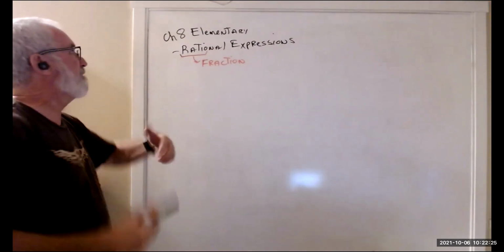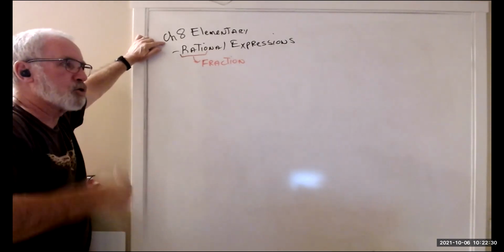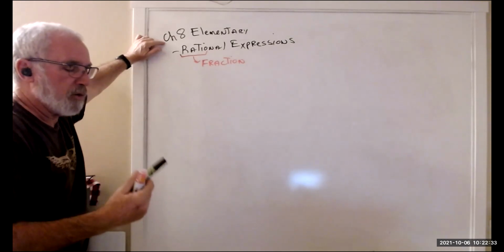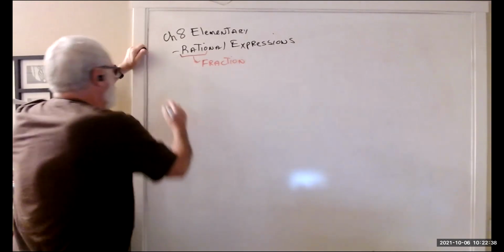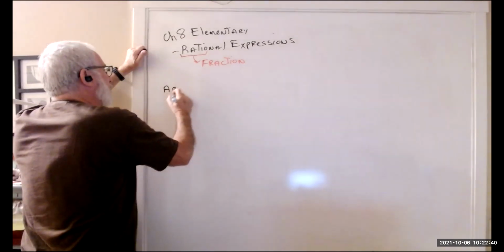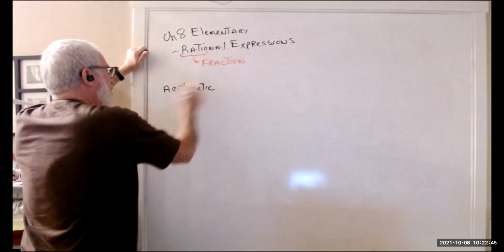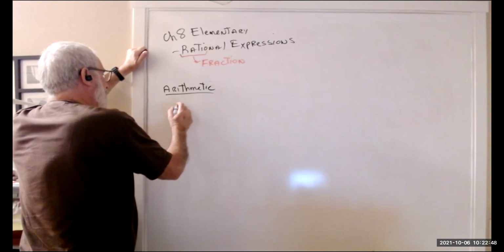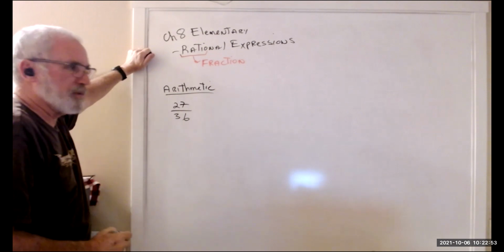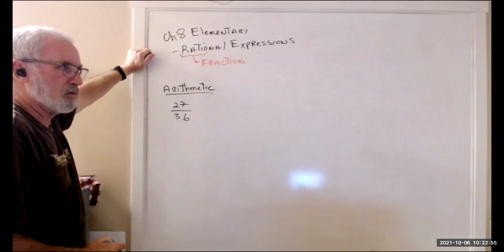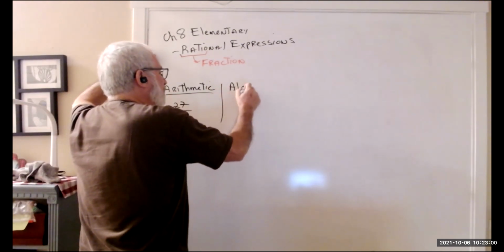So everything we're doing in chapter 8 is going to be algebra fractions. Now, we need to clarify this for a moment. This is an arithmetic fraction, 27 over 36. That's an arithmetic fraction. This is an algebra fraction.